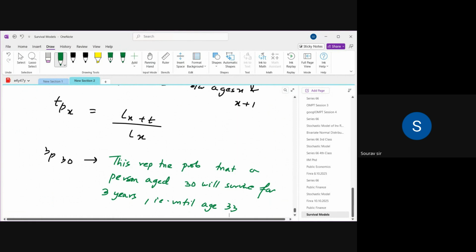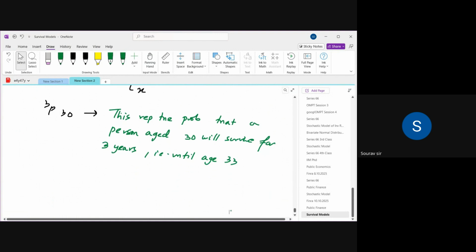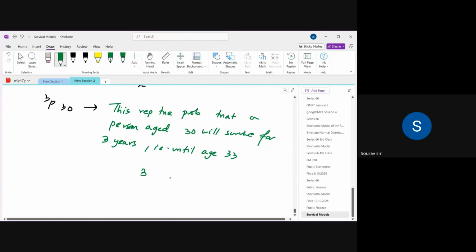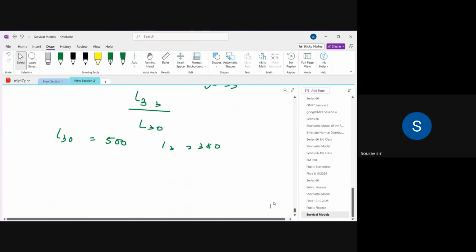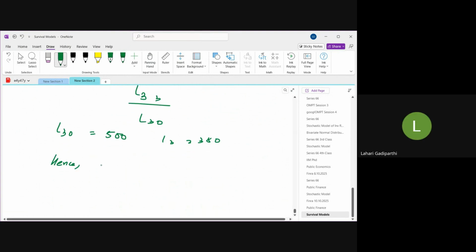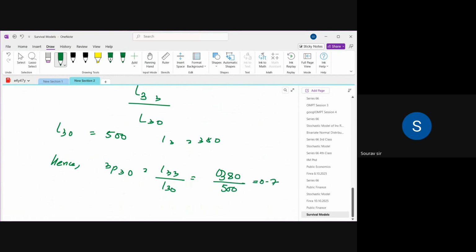So what will be 3p30? It is L33 by L30. From the table, L30 is 500 and L33 is 380. Hence 380 by 500, which equals 0.76.